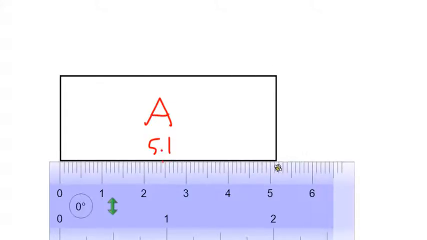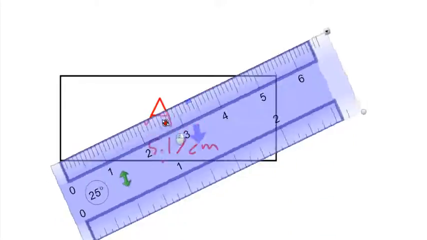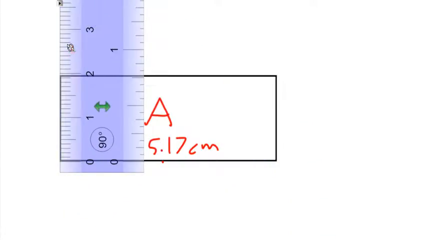When we estimate, this one looks to be about 5.17 centimeters to me, so we have our 3 significant digits. Now we move our ruler and look at this side, which is a little over 1.9, so we know it will be 1.9. Now we estimate the next digit, and let's say it is right around 1.95 centimeters.